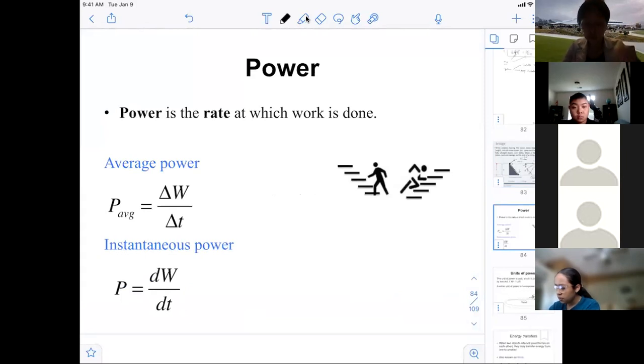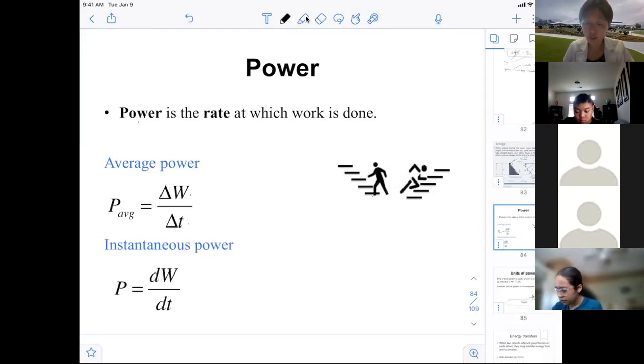So we have looked at work done by different objects in different scenarios. There is one more definition that simply uses the total work done and the total time it took. It's called the power. Power is the rate at which the work is done. A really quick analogy for that is you can walk upstairs or you can run upstairs.